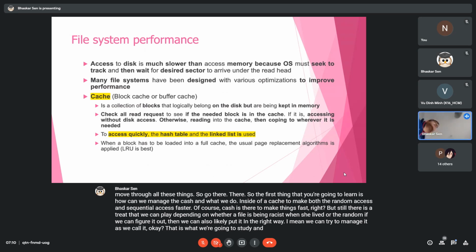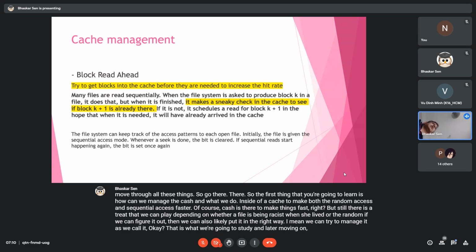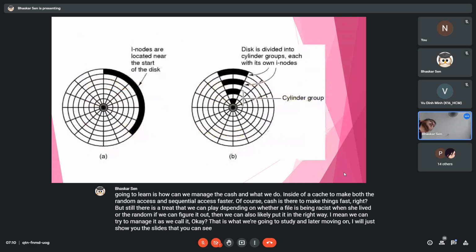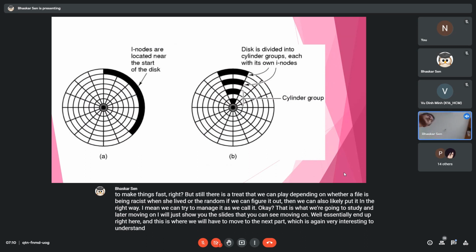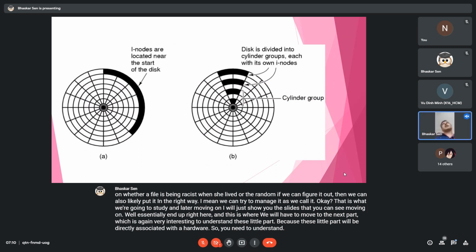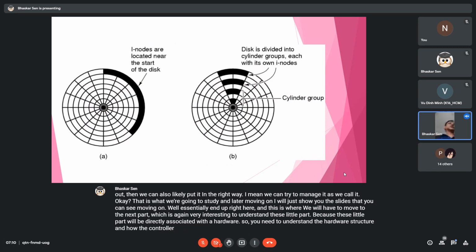And later, moving on, I will just show you the slides, which will essentially end up right here. This is where we will have to move to the next part, which is very interesting to understand, because this part will be directly associated with the hardware. So you need to understand the hardware structure and how the controller controls the hardware.